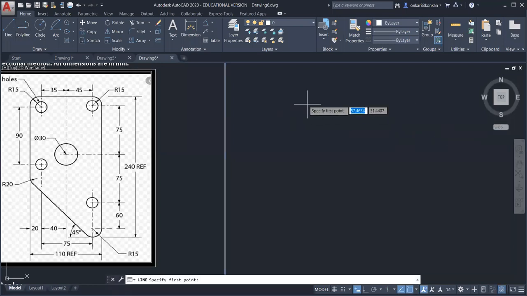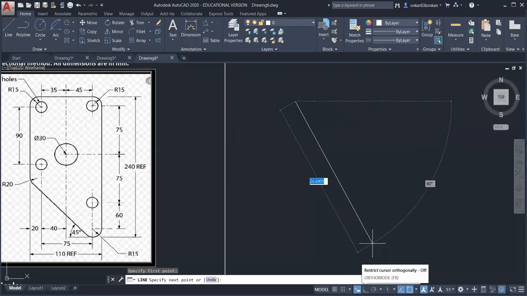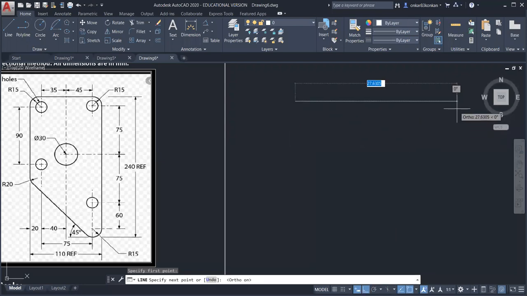So first draw the line. Suppose this line's total distance is 15 plus 35 plus 45 plus 15. So the horizontal line is 110.